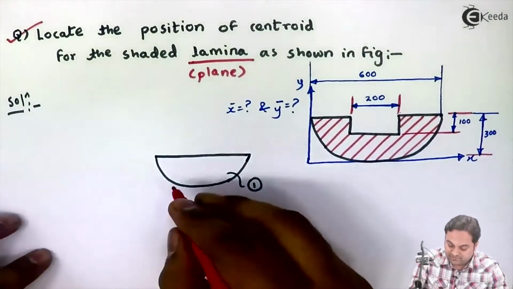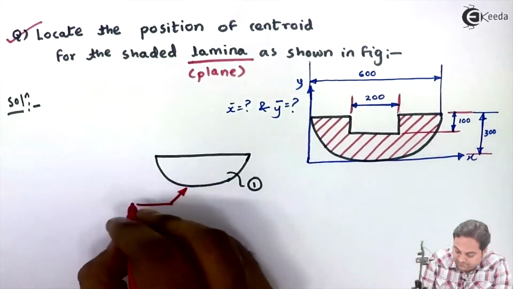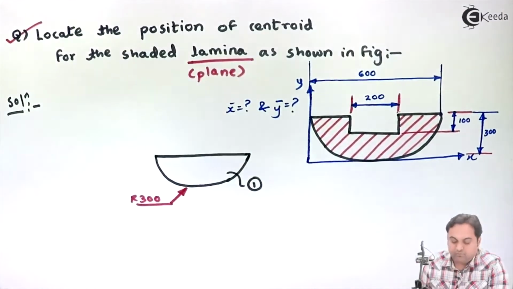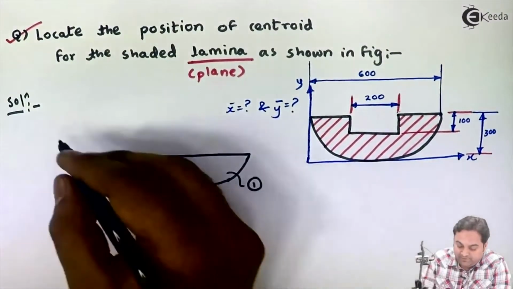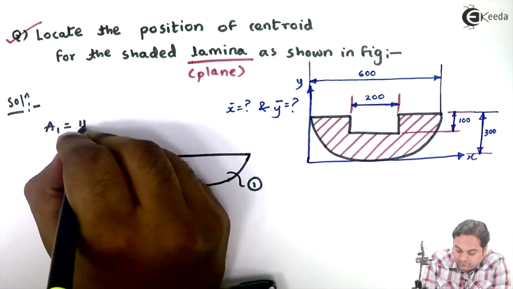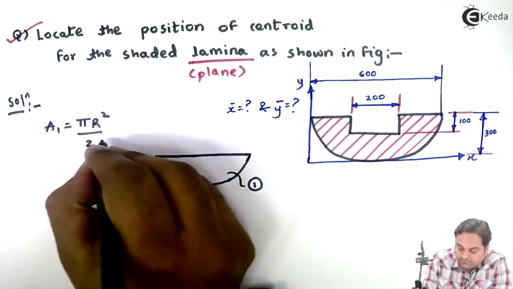Its radius is 300. So here area 1 will be pi r square divided by 2.